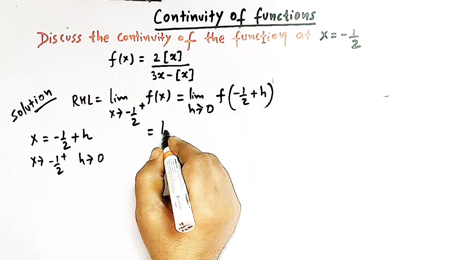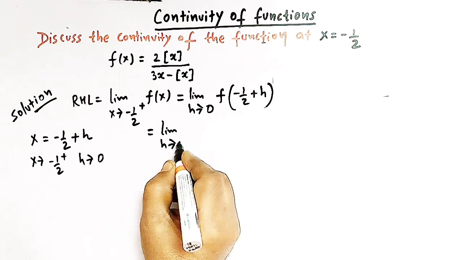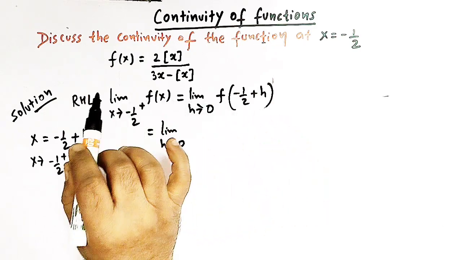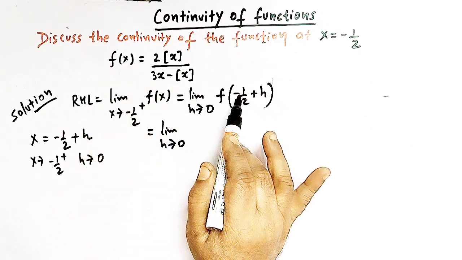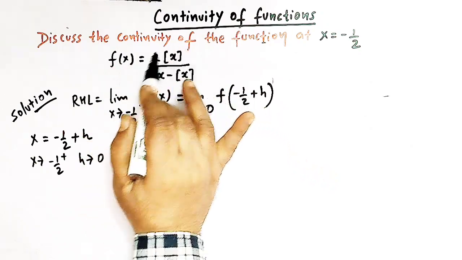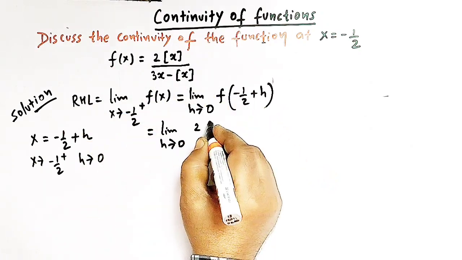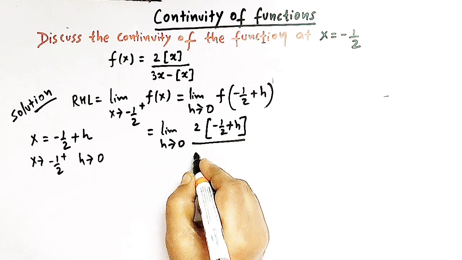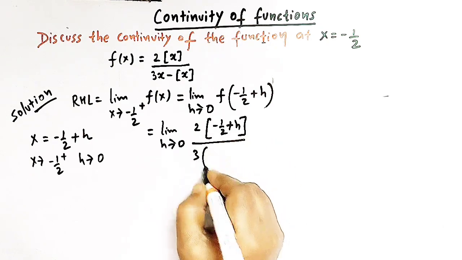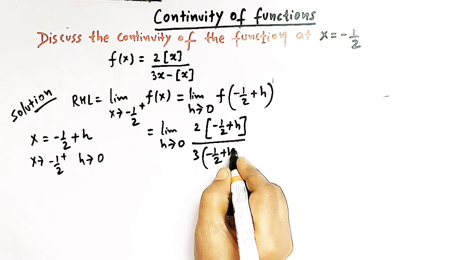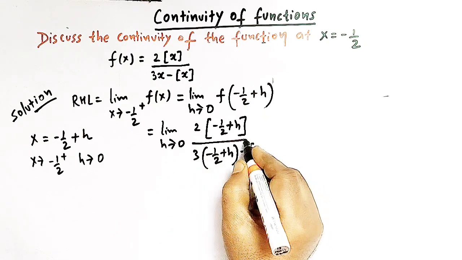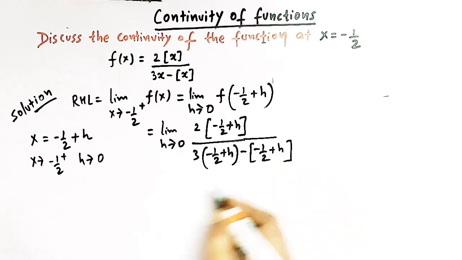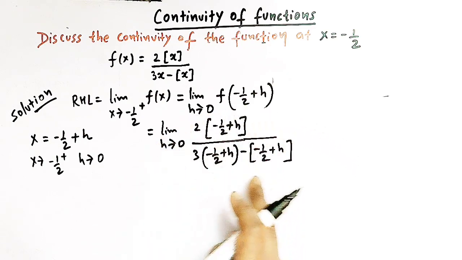Now let us write the value of f of minus half plus h by replacing x by minus half plus h in this function. So we have 2 times greatest integer of minus half plus h, divided by 3 times minus half plus h minus greatest integer of minus half plus h.